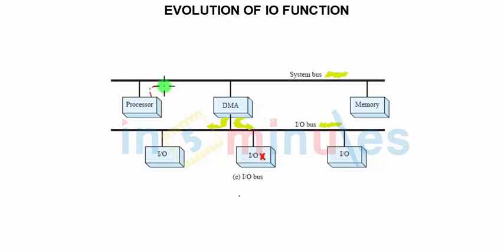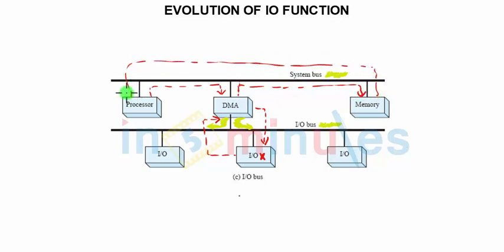The processor would issue a request to DMA that it wants to read from so and so IO. DMA would go read the data from IOX and accept it. DMA, if needed, would transfer the data to the memory, and from the memory it would be taken to the processor.